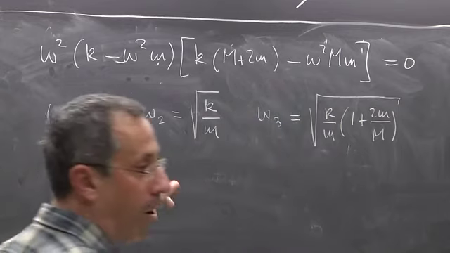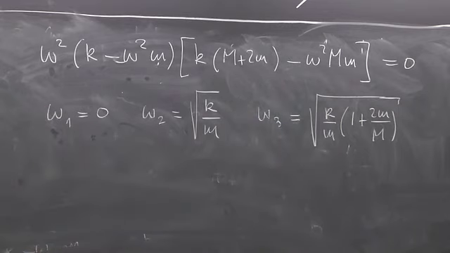This is a little odd, right? Frequency equal to 0. What does it mean? This is a periodic motion with 0 frequency. It's odd, but you understand what it must correspond to once we have written down the normal modes, because you do have a solution in which this molecule just moves as a whole.